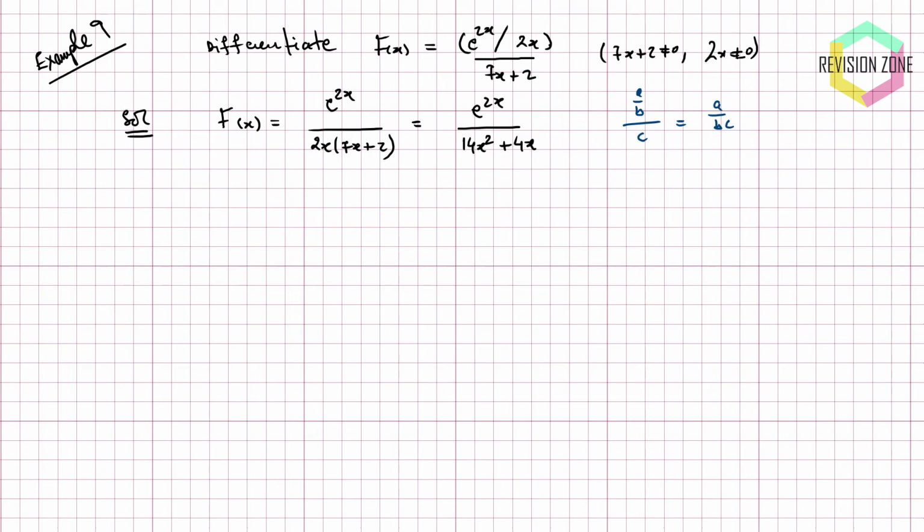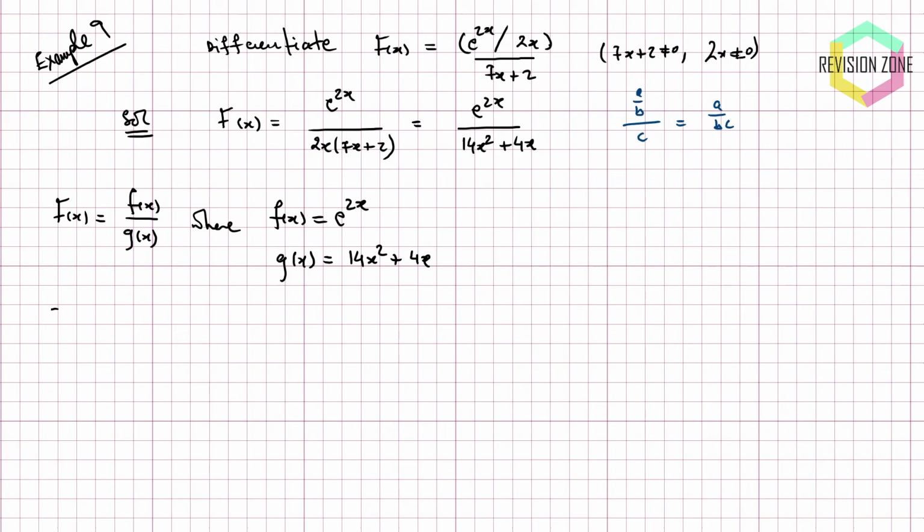So in this case, we go back to our Newtonian notation. So we've got f of x over g of x, where our f of x is nothing other than e to the 2x, and our g of x is nothing other than 14x squared plus 4x.